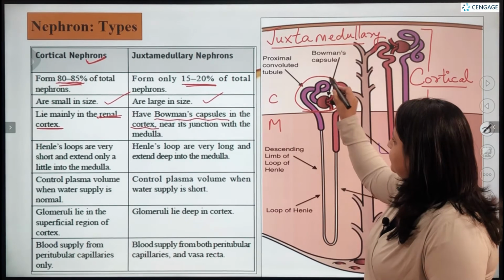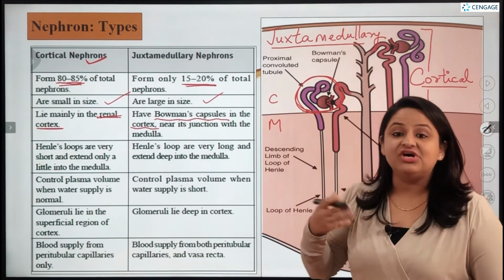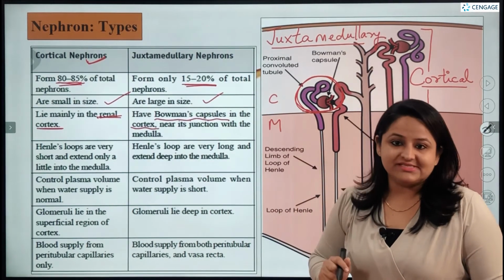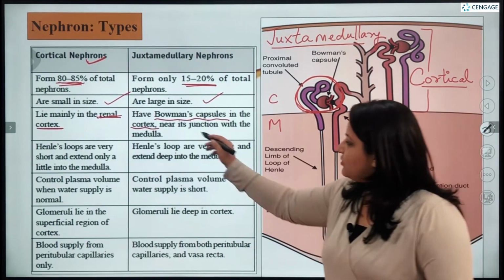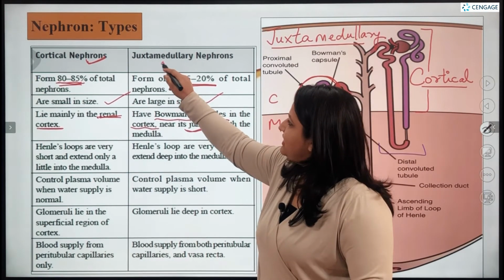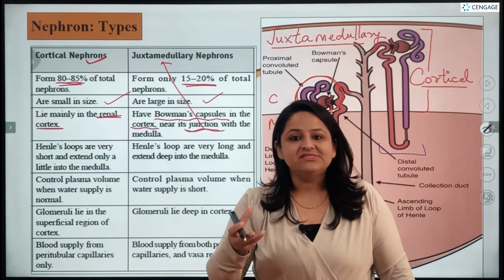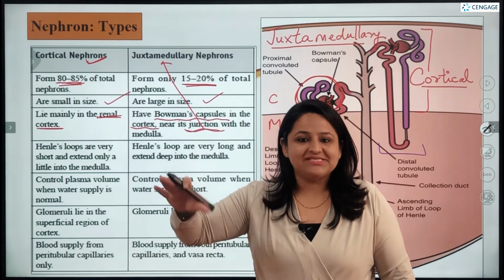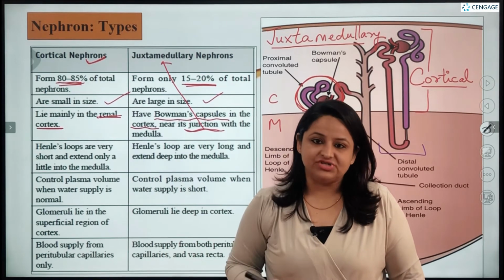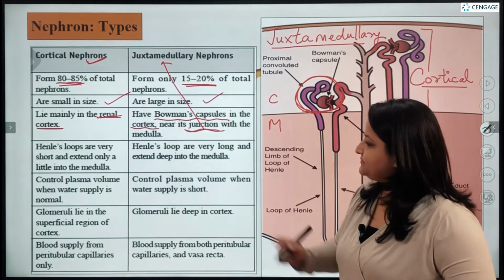This portion, the Bowman's capsule, the PCT, DCT, is lying towards the junction of the cortex and medulla. And that is the reason the name juxtamedullary nephron has been kept. Juxta means junction, and because their Bowman's capsule, PCT, DCT is more towards the junction, the name juxtamedullary nephron comes.